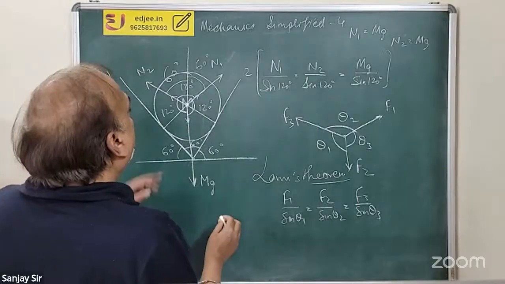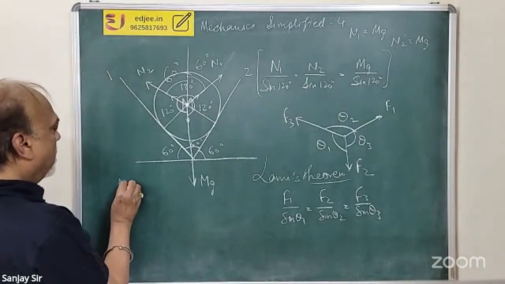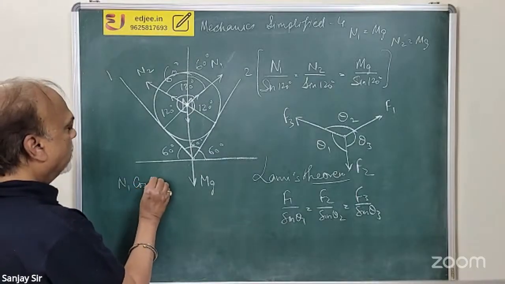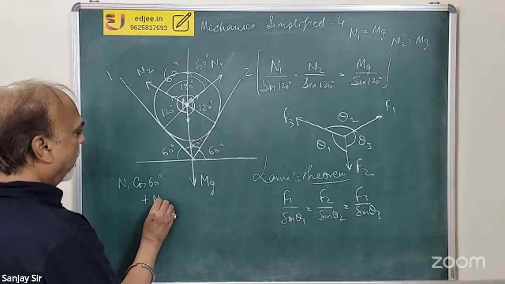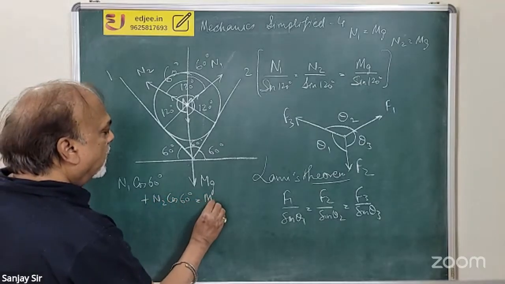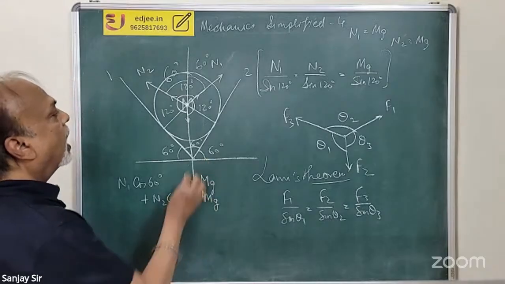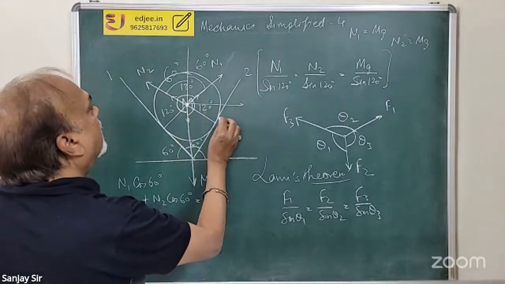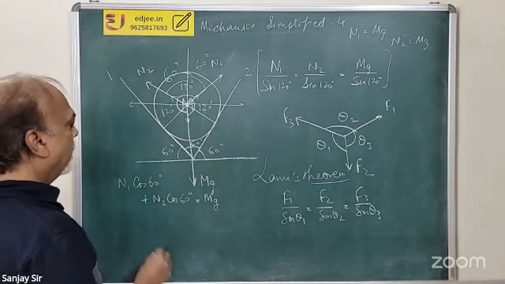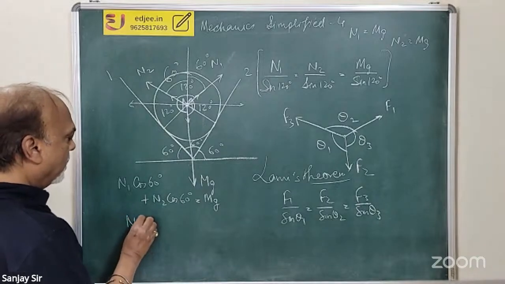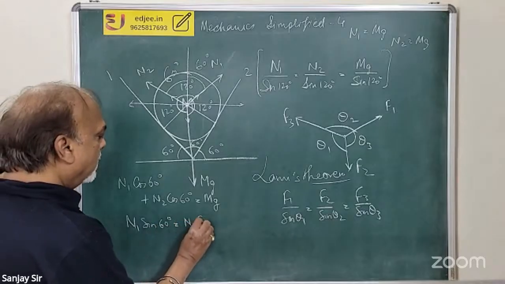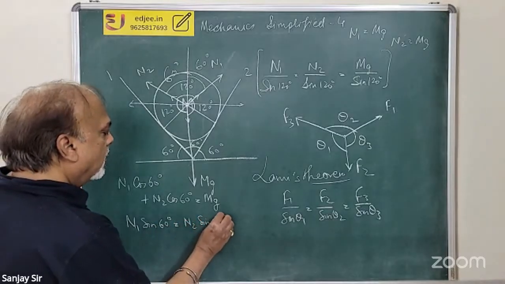And your N1 cos 60 degree plus N2 cos 60 degree must be equal to mg. And another thing, if you resolve horizontally, then N1 sine 60 degree must be equal to N2 sine 60 degree.